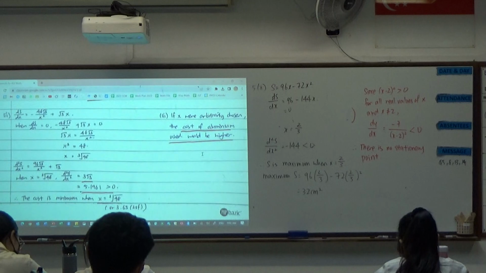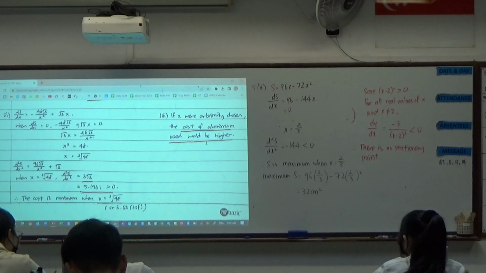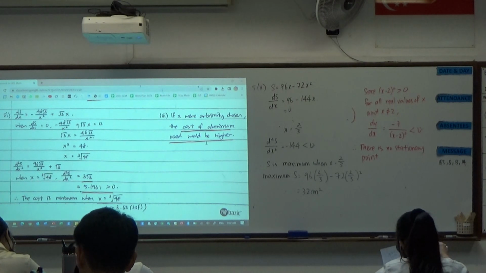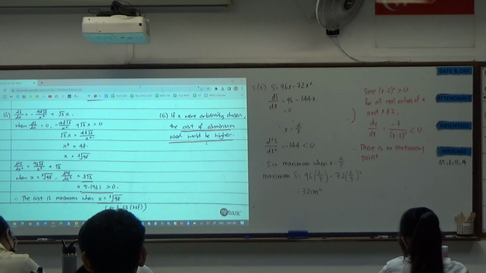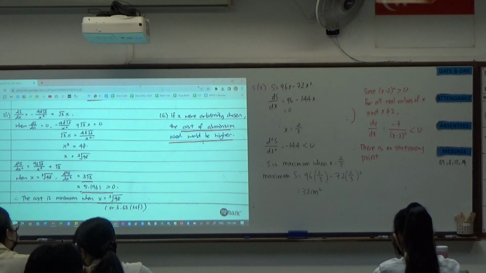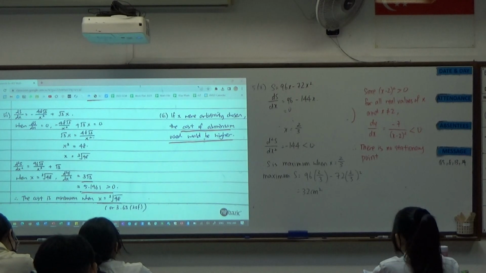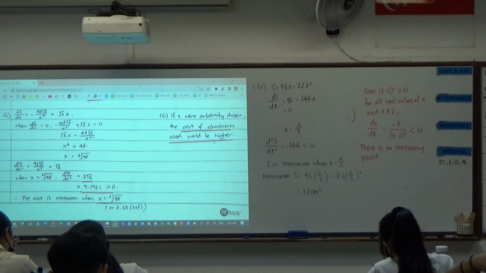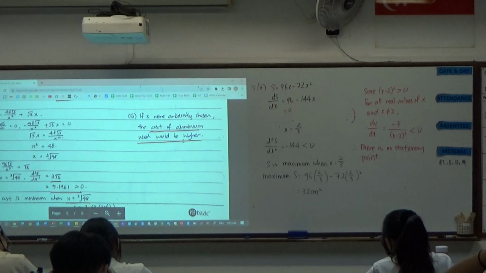Hence your cost will actually be higher. Please specify that it is going to be higher rather than telling me it is not minimum, because not minimum would suggest that it could either be higher or even lower. You need to show your understanding that it is going to be higher, to be very clear rather than being ambiguous. And that is all for part 3.